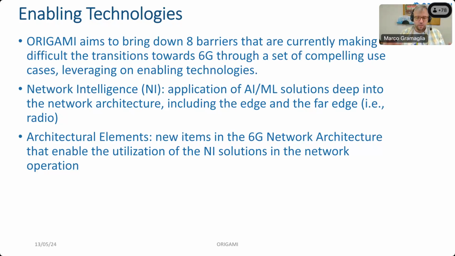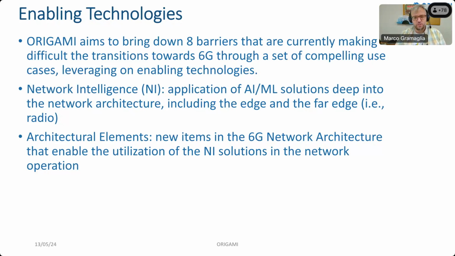Through the application of these AI/ML solutions, we're going to see how these barriers could be removed, and then an easier transition towards 6G can be applied. For us, AI/ML is one of the fundamental enablers that will be used to achieve the project objective.